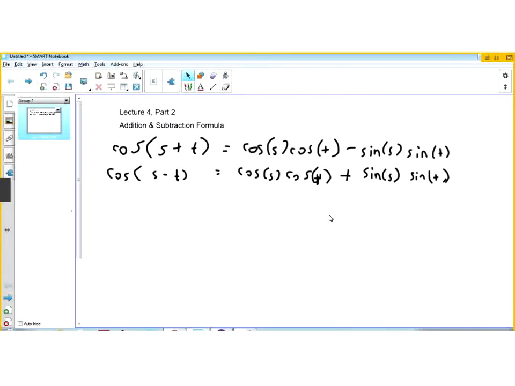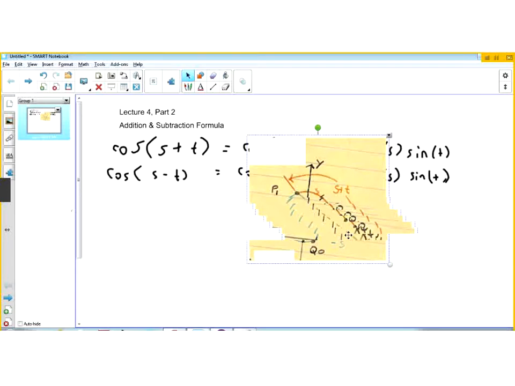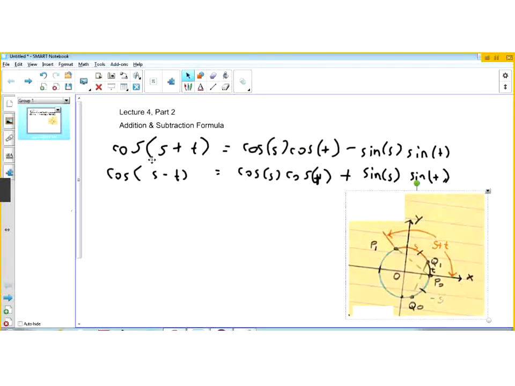Okay, so let's see here. Note carefully this illustration.